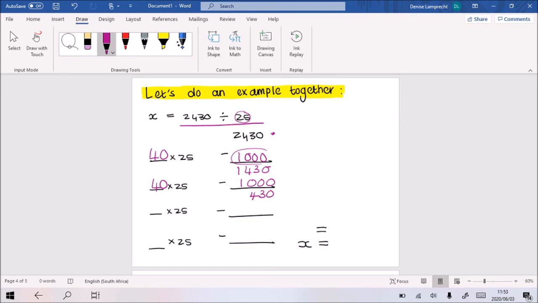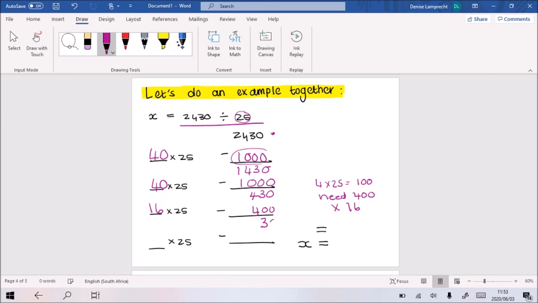Now, with every 4 times 25, I will get 100, but I need 400. So I am going to multiply by 16. 16 times 25 will give me 400.